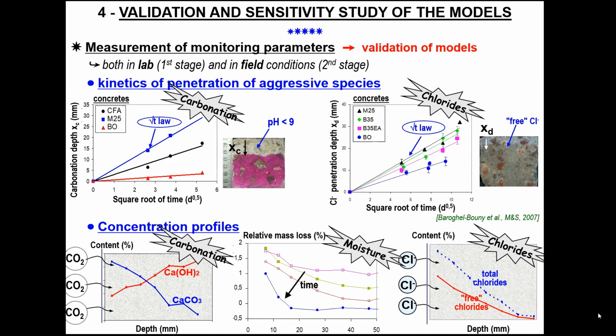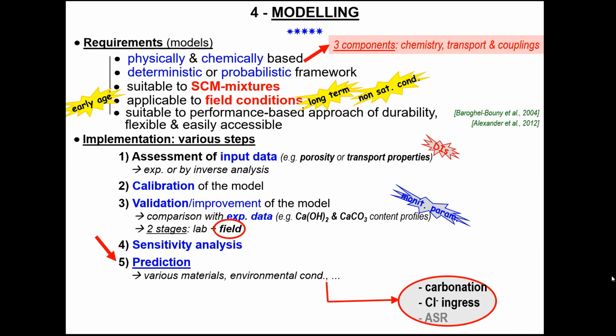Maybe I can go directly to the conclusion if I have no time to continue. Maybe one word on the model. So in order to summarize what you need with the model, you can use any type of model. Of course, it's better if it is at least physically based. You can use models within a deterministic or probabilistic framework.